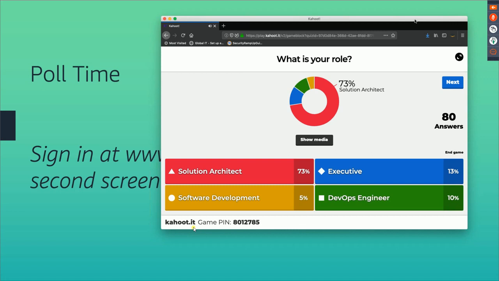So here we see the results. Thank you. This helps a lot for us to tailor the content and take a specific example. We have got 73% solution architects on this call. We have a good mix of software developers, senior execs, and DevOps engineers. This really helps. Thank you. We will just move along to the next slides.